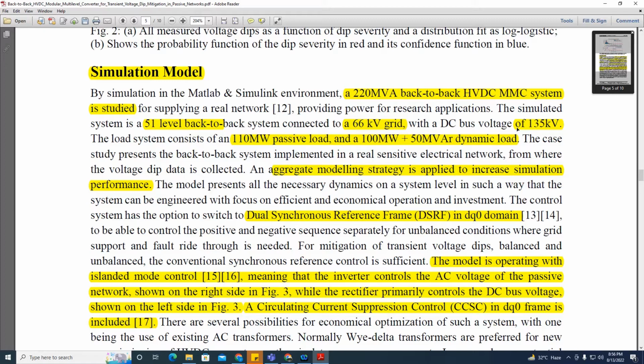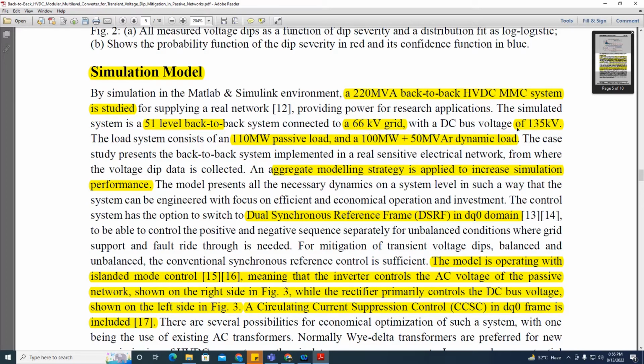If the grid is balanced, then there will be only positive sequence component. If the grid is unbalanced, there will be both positive and negative sequence components. To eliminate the negative sequence component in case of an unbalanced grid, you require a dual synchronous reference frame and the DQ0 domain. So DSRF is also implemented in this model.